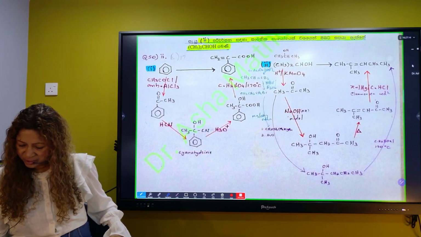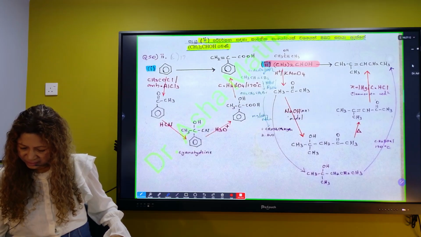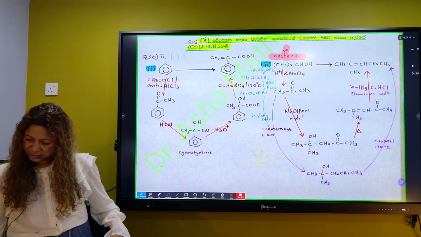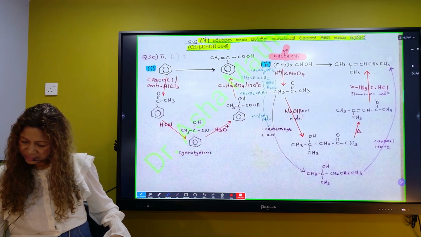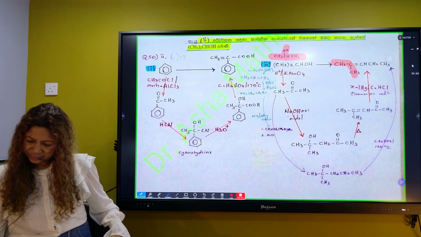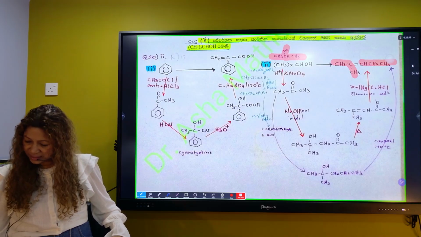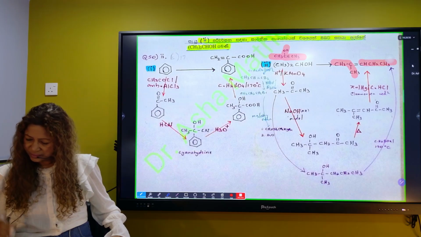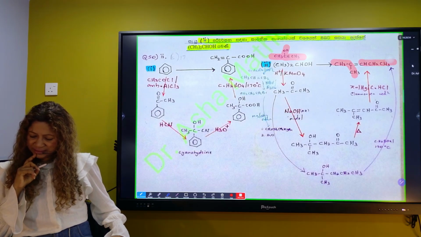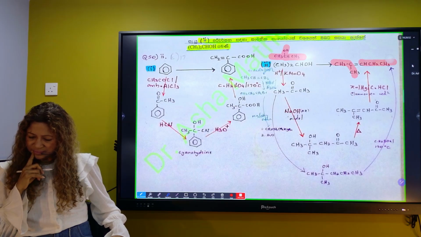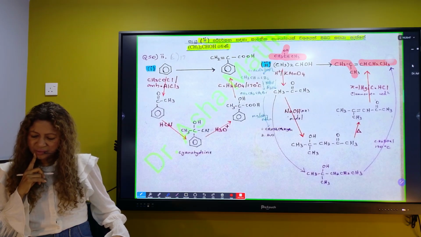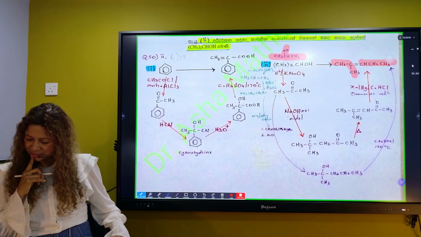Anyway, this one you can write this way. This is the molecule. The 3 carbon is here, the 3 carbon is here. So they were given only this. Either aldol or you can try Grignard. Did you guys try Grignard here?